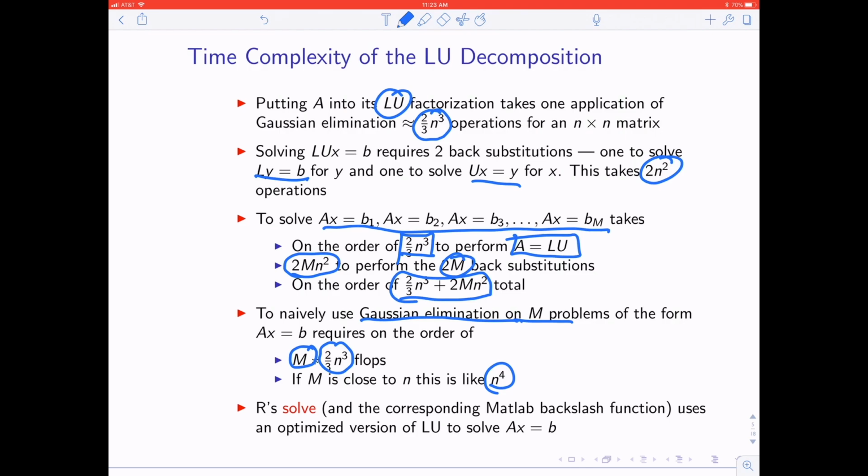The point is to notice that here the m multiplies the n cubed, while up here m only multiplies n squared, and so the n cubed term up here is independent of m. I'll point out that R's solve function for solving a linear system uses a version of LU decomposition.